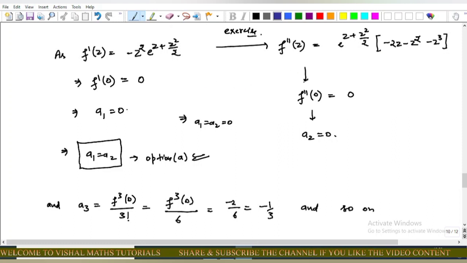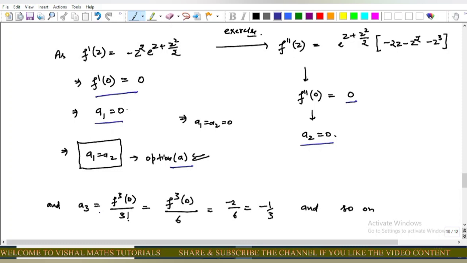So f double derivative at z equal to 0 is equal to 0. This implies that a2 is equal to 0, and similarly f derivative at z equal to 0 is 0. This implies that a1 is equal to 0. From these two, a1 is equal to a2, which is equal to 0. This implies that a1 is equal to a2. So option A is correct.